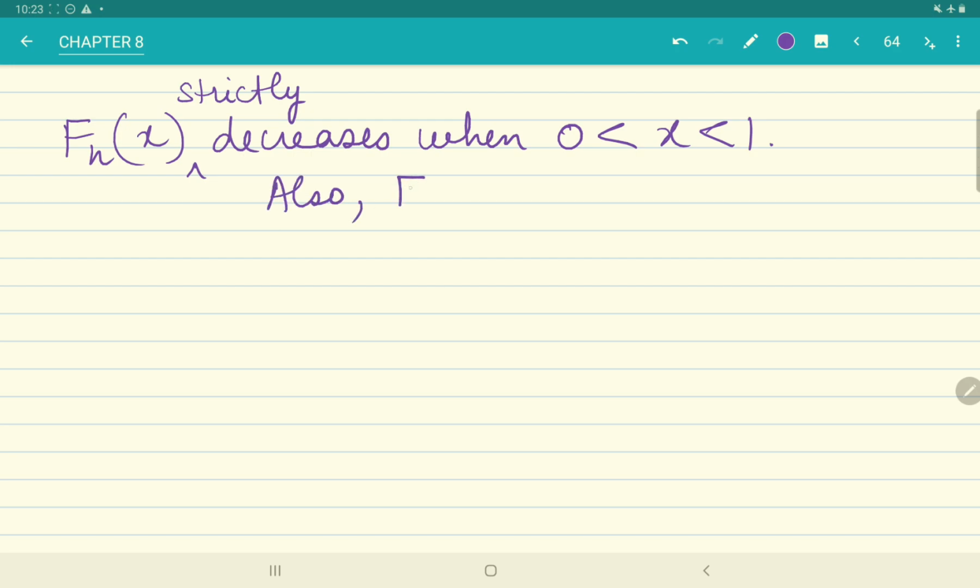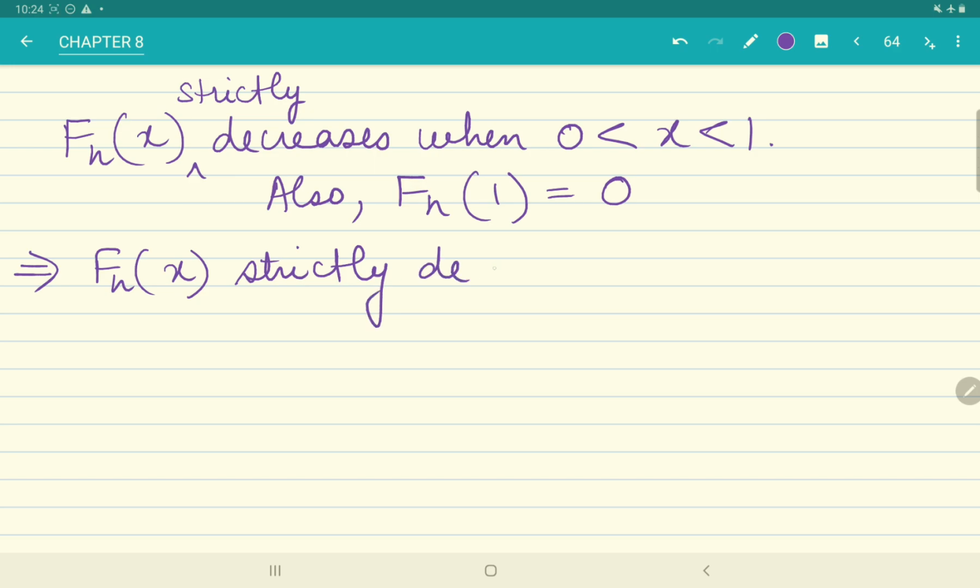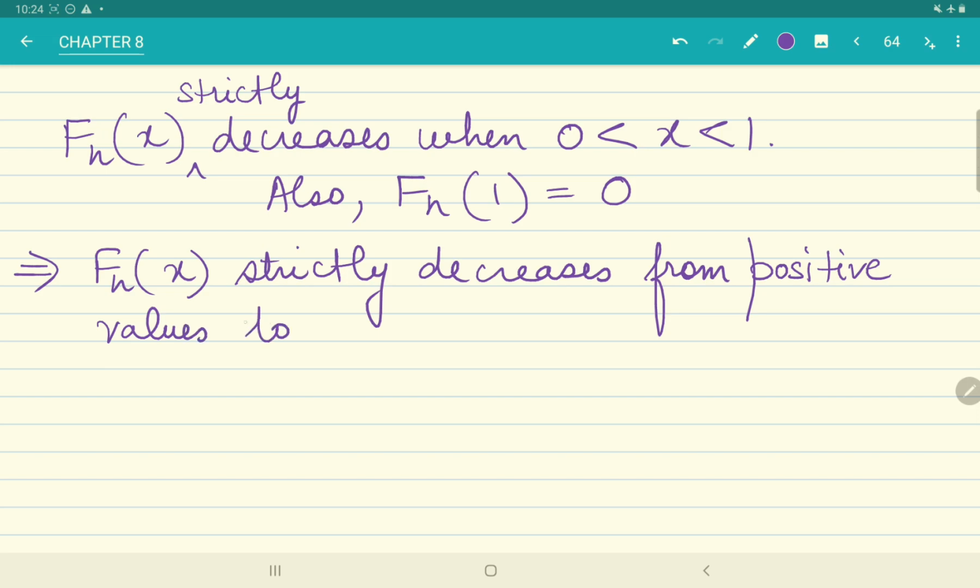Also, fh of 1 is equal to 0. This implies fh of x strictly decreases from positive values to 0 when this is the case.